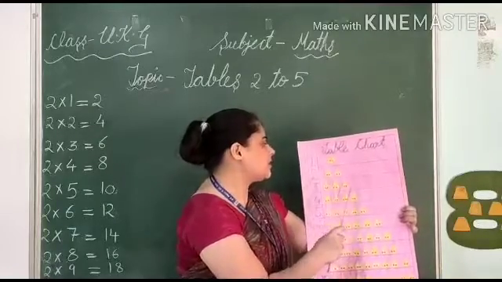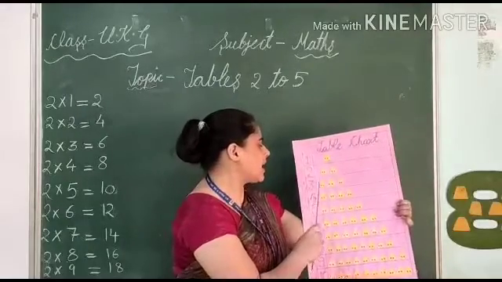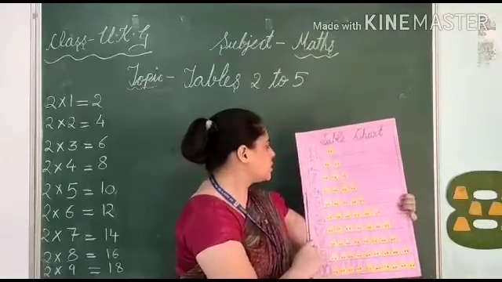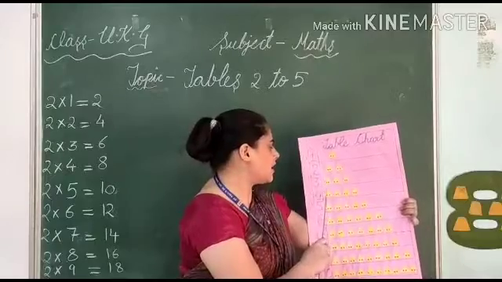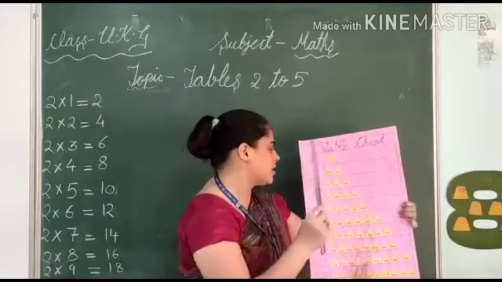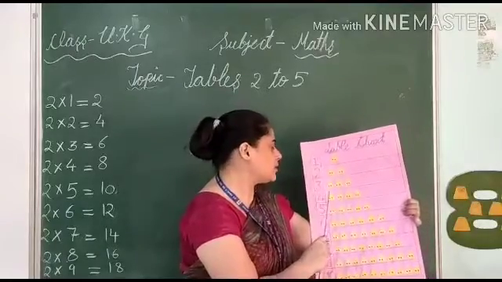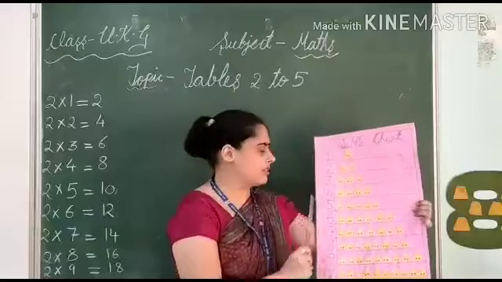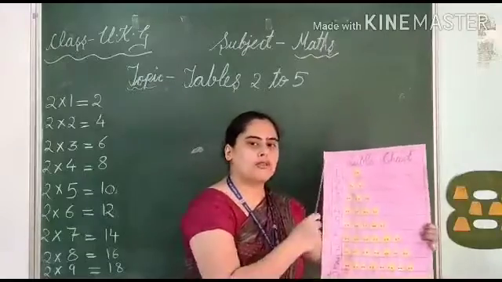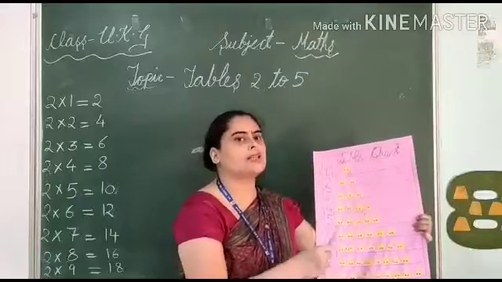So these are 6 bindis. 2 into 3s are 6. 2 into 4s are 1, 2, 3, 4, 5, 6, 7, 8. These are 8 bindis. So 2 into 4s are 8. Like this you have to learn the table, or you can count the bindis.